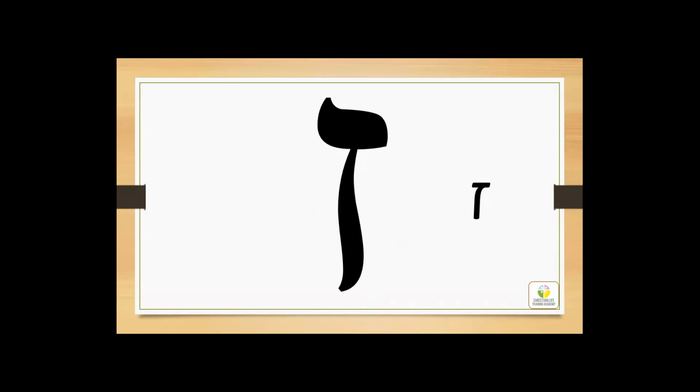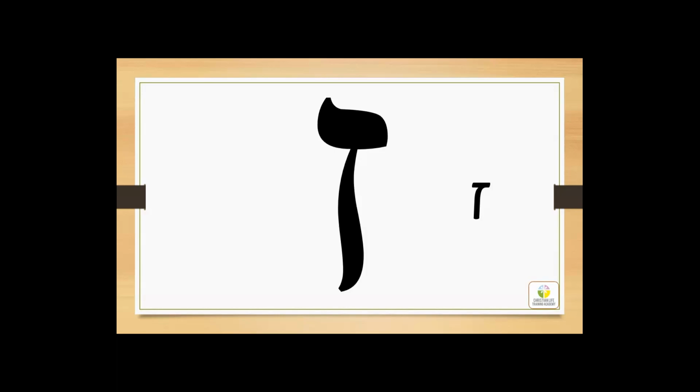Zayin. Nice. Zayin is the letter Z, and it looks like a letter sign. Look at it. It also has tittles. It's got a straight line. It comes back and goes down. Zayin.